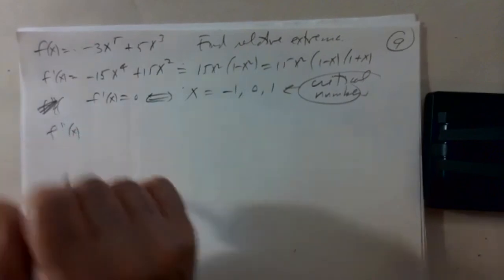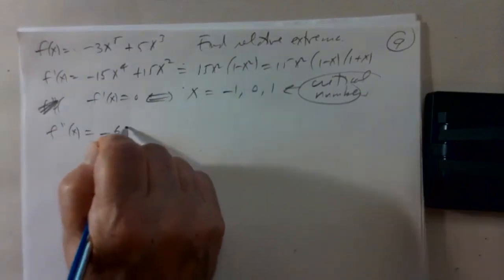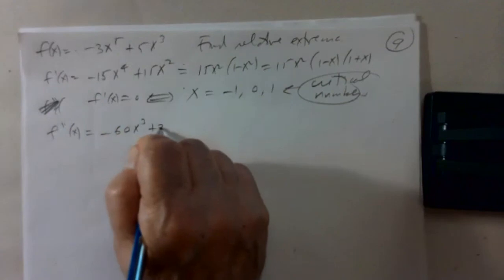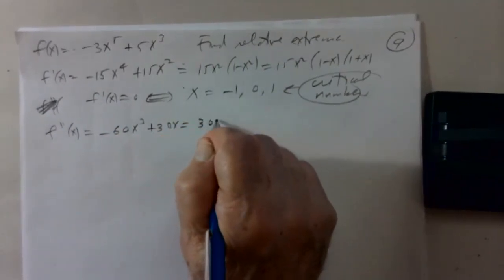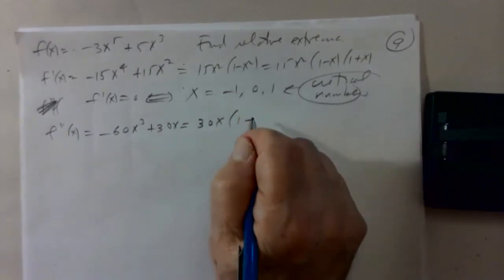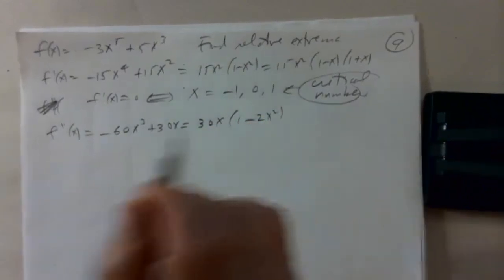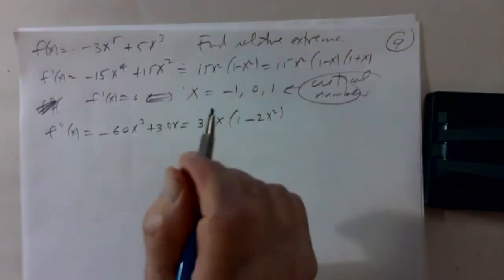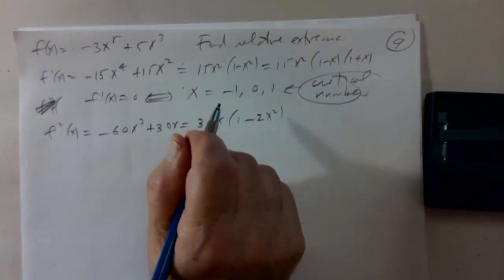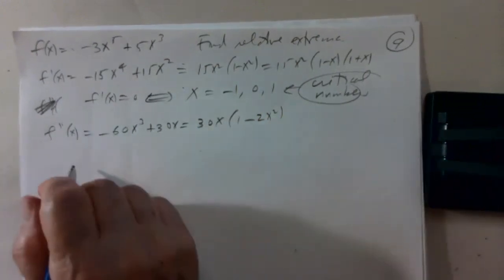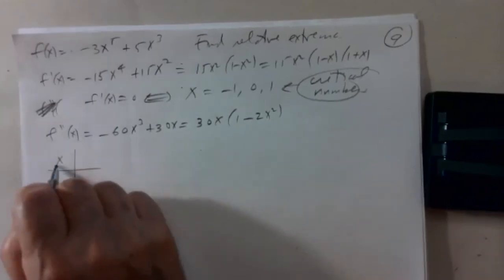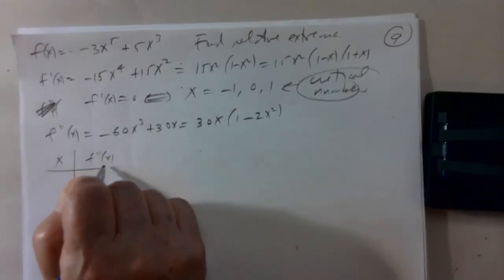Let's take the second derivative. The second derivative is minus 60x cubed plus 30x. If I factor out a 30x, I get 1 minus 2x squared. Let's make a little table: x, f double prime of x.